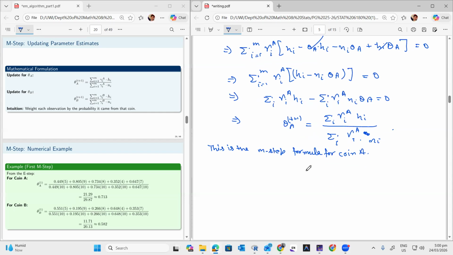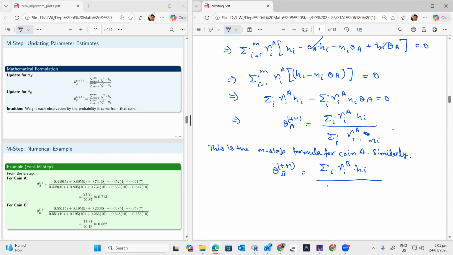Similarly, we will get it for coin B. For coin B, theta b at iteration t plus 1 will be summation over the range of i gamma ib into h i divided by summation over the range of i gamma ib into n i. This is the formula. That's how these two formulas were derived.